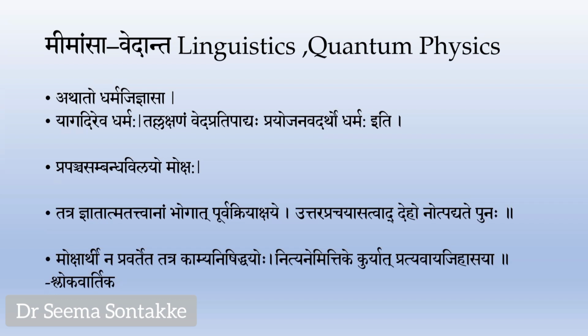What is the concept of moksha in Mimamsa? "Prapancha sambandha vilayaha mokshaha." To break the connection with the prapancha, to get rid of the cycle of rebirth and death, is moksha.